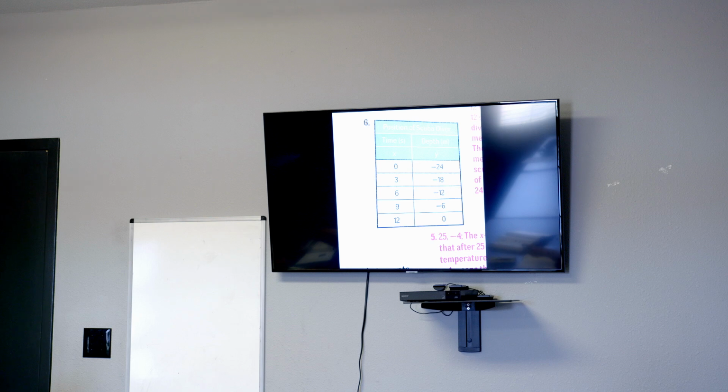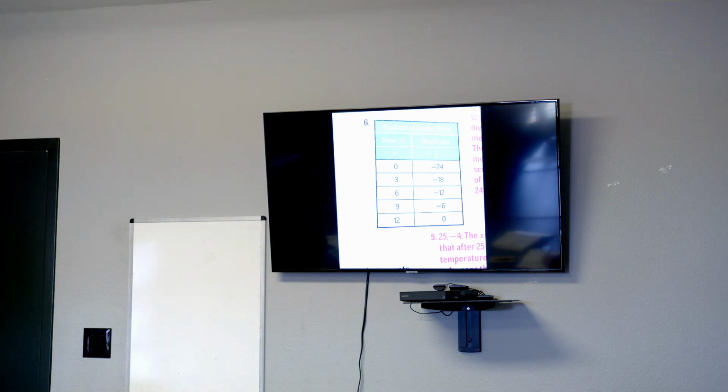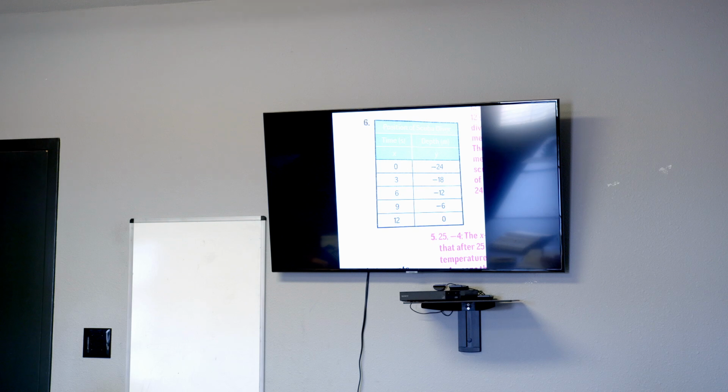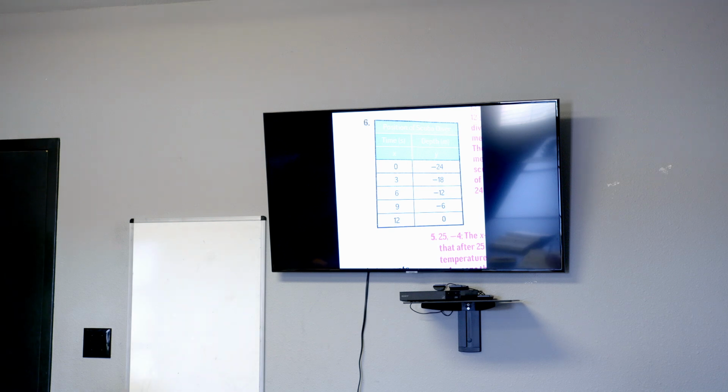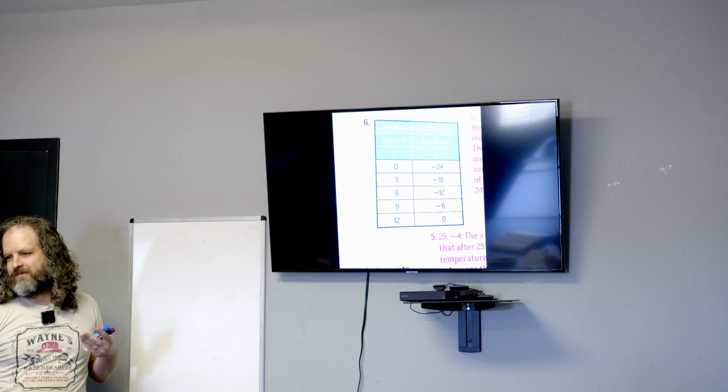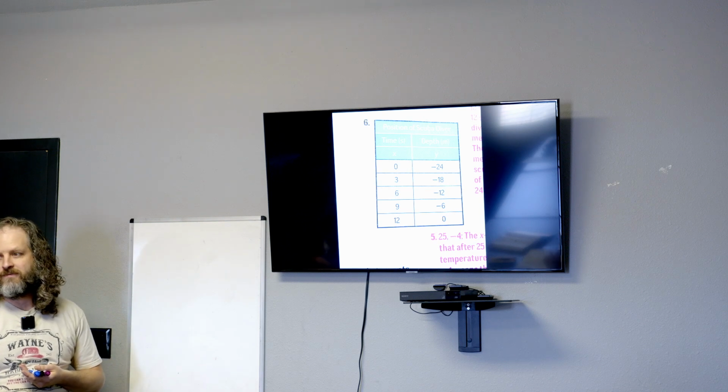All right, so number 6 is that problem. So number 6, we are asked to find the x and y intercepts of the graph and describe what it means. So at the x-intercept, what is y equal to? 0.